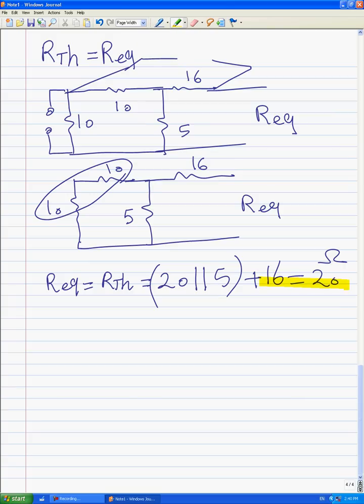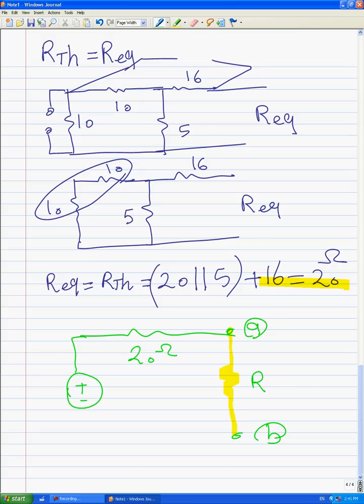That's why again we can simplify the circuit to this circuit. This is R, this is A, and this is B. This is RTH, equal to 20 ohms, and this is VTH, which we found, minus 16.4.